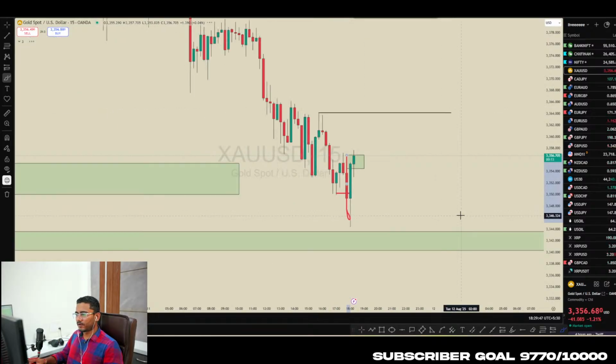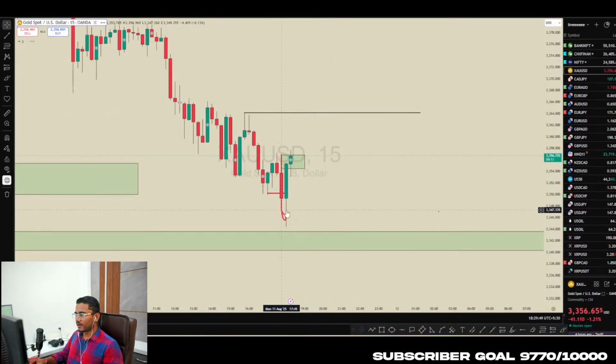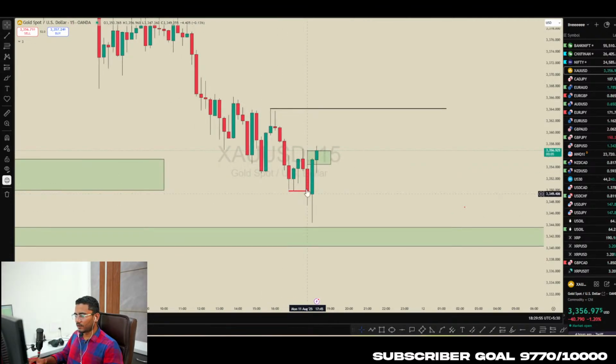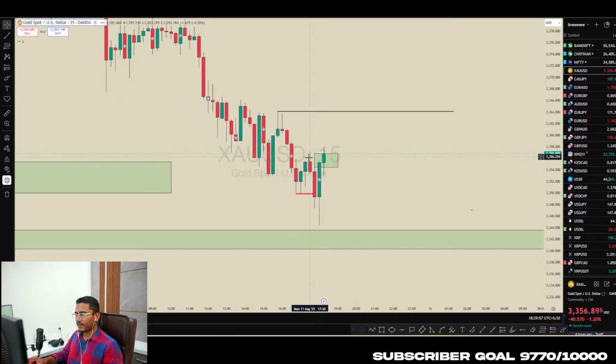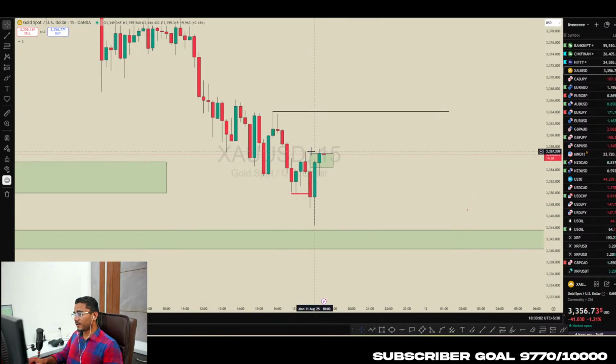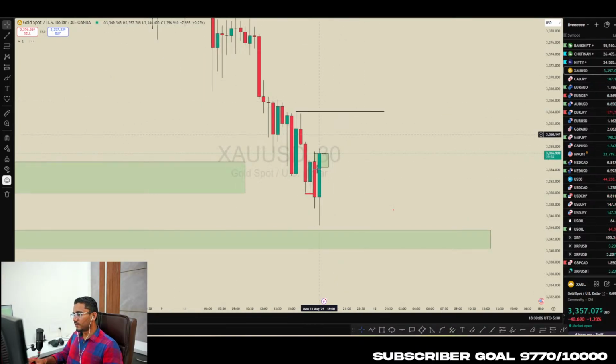If you go to 15 minutes, we can see this candle is very close to the structure. And the second big candle is on the green side. So we can expect price to go to the upside because this is a bullish engulfing with a liquidity sweep.